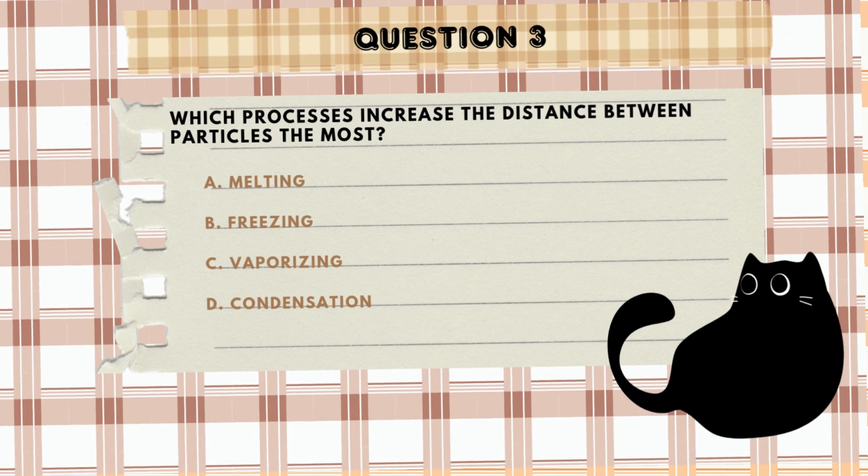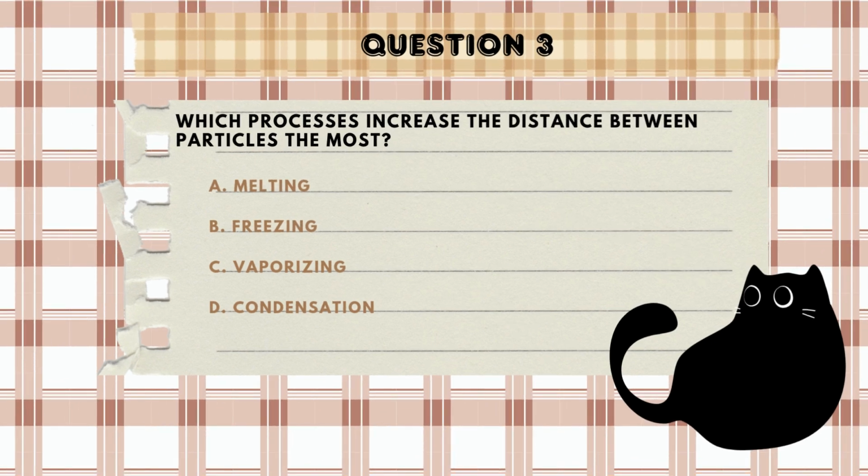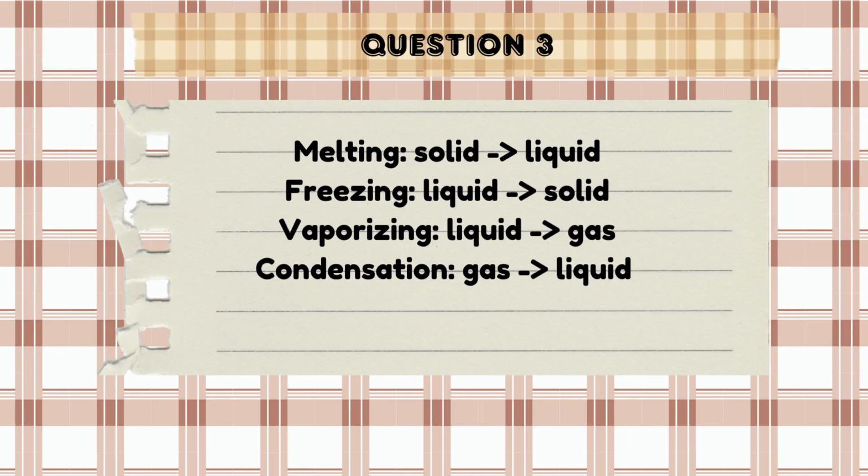The third question looks simple, but also requires us to think critically about what we have learned. Which processes increase the distance between particles the most? Melting is solid turning into liquid. Freezing is liquid turning into solid. Vaporizing is liquid turning into gas, and condensation is gas turning into liquid.